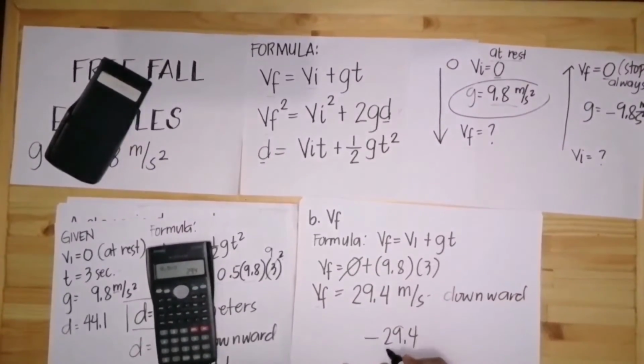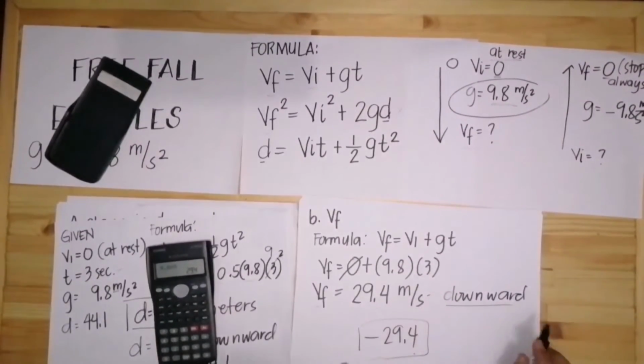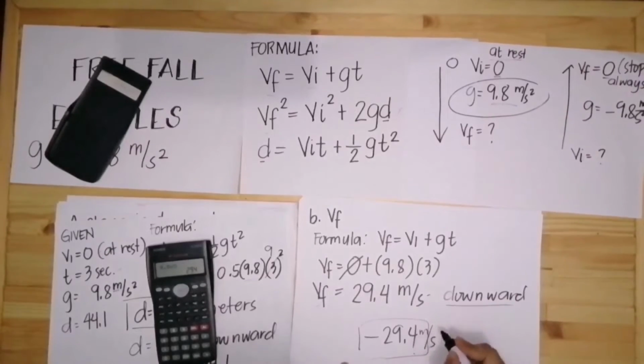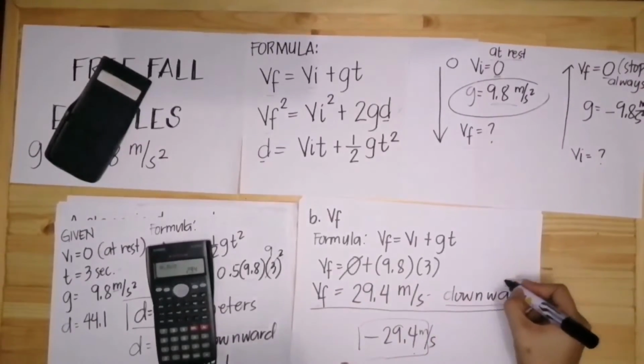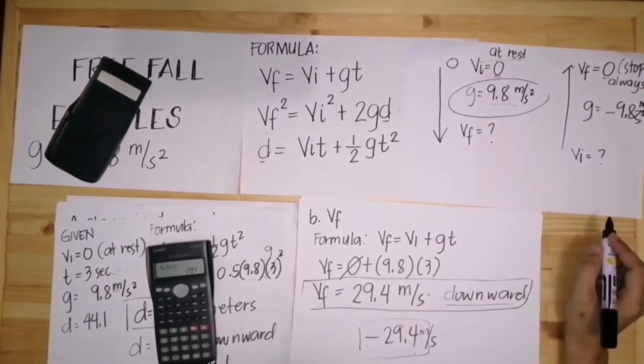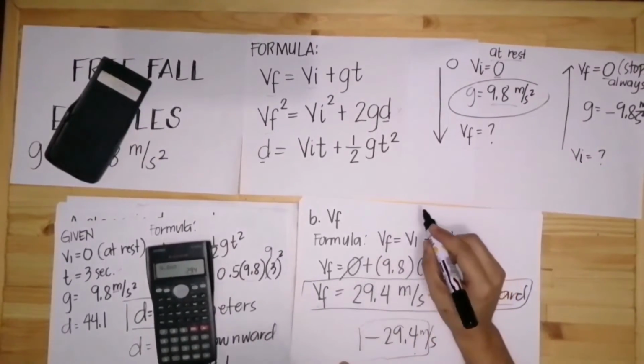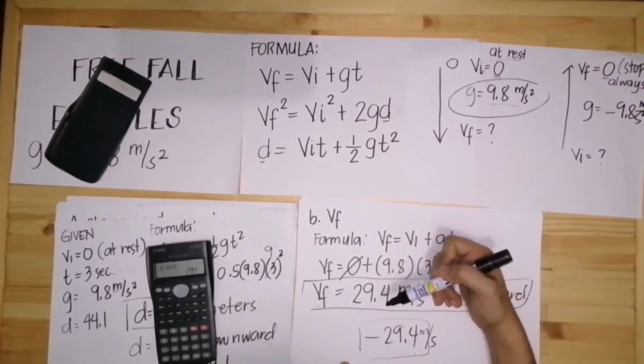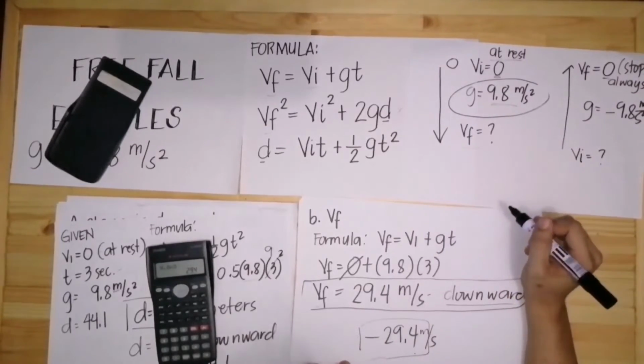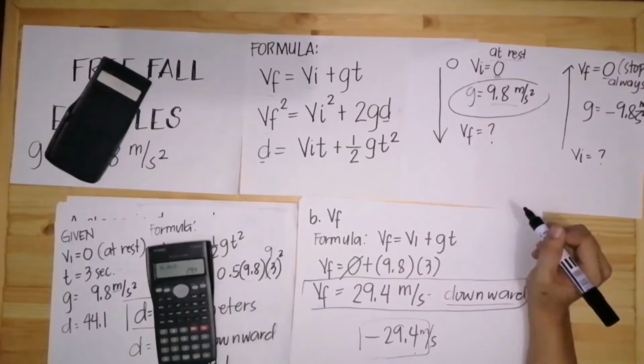Pwede mong isulat na negative 29.4, pero huwag mo na ilagay na downward kasi may negative ka na. Then meter per second. Pero ito, pwede na rin to, 29.4 meter per second downward. Pwede mo lang isulat siyang negative kasi velocity naman yan. Pag velocity may direction. Yung mga sign natin ang nagsisignify ng direction natin.